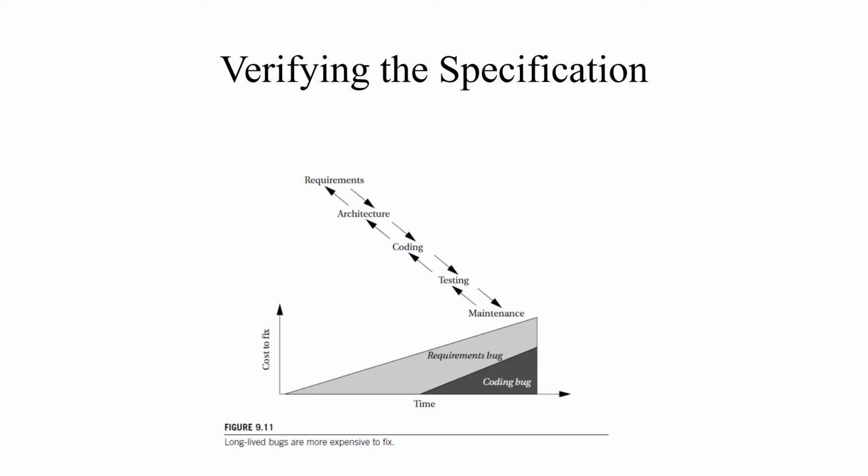Verifying the specification. The requirements and specification are generated very early in the design process. Verifying the requirements and specification is very important for the simple reason that bugs in the requirements or specification can be extremely expensive to fix later. The longer a bug survives in the system, the more expensive it will be to fix.